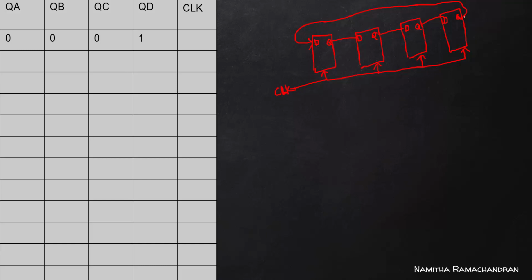These Qs will form our final output. In the first clock pulse, suppose this is our initial state of our flip-flops. Here it is 0, second flip-flop 0, 0 and 1. This is the initialization case.